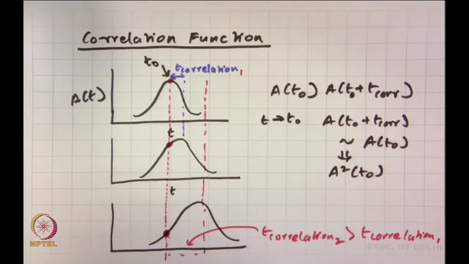When we were looking at the velocity correlation function, we derived this relation where the ensemble average of the correlation, that is the product of v at 0 and v at time t, is equal to v squared at 0 times e to the power minus xi by m times t. That means your correlation function is decaying exponentially.